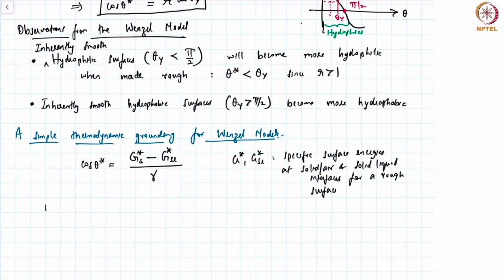Now we can also define two new quantities, GS and GSL. These are specific surface energies for a smooth surface.